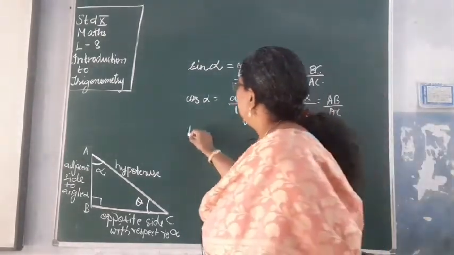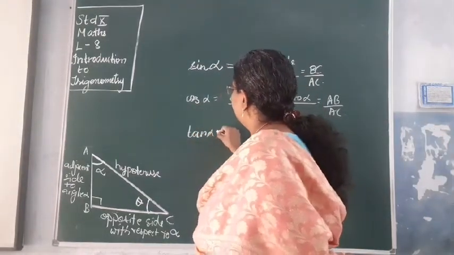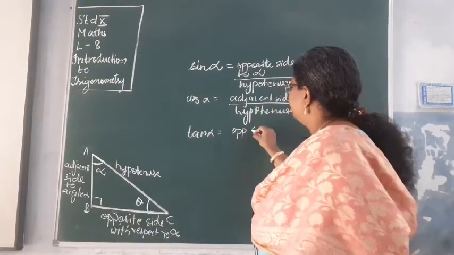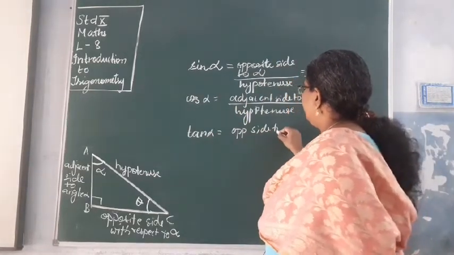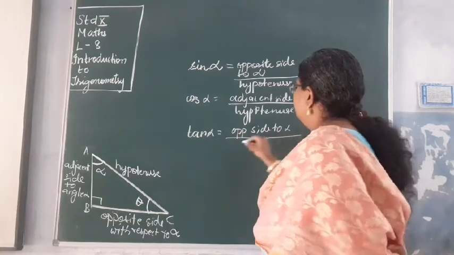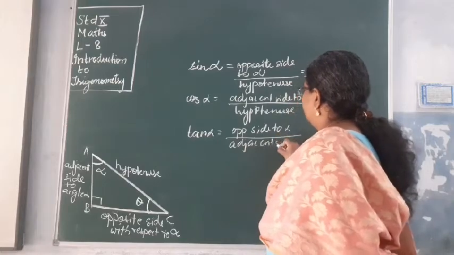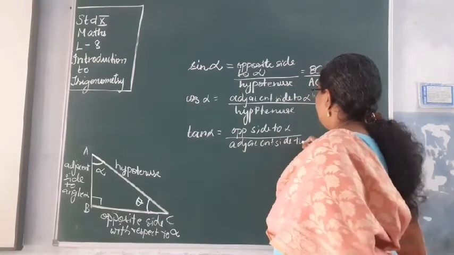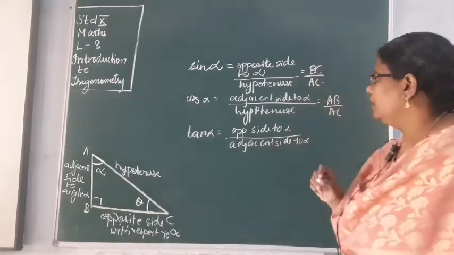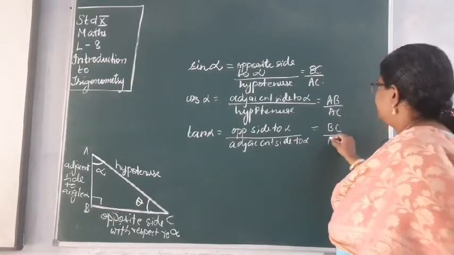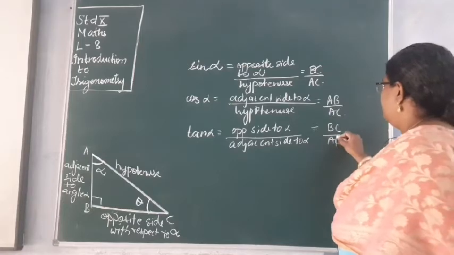Similarly, what will be tan alpha? Tan alpha will be opposite side to alpha upon adjacent side to alpha. What is the opposite side? It is BC and adjacent side is AB.